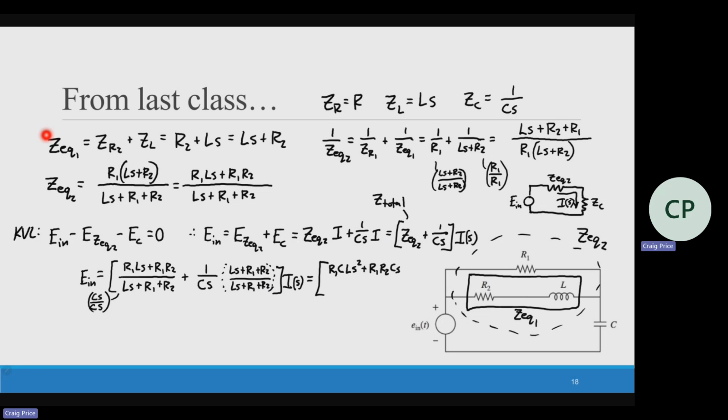And then I'm going to have all of this as well, plus LS plus R1 plus R2. This is multiplied by I. Now we have C L S squared plus R1 plus R2 times CS.